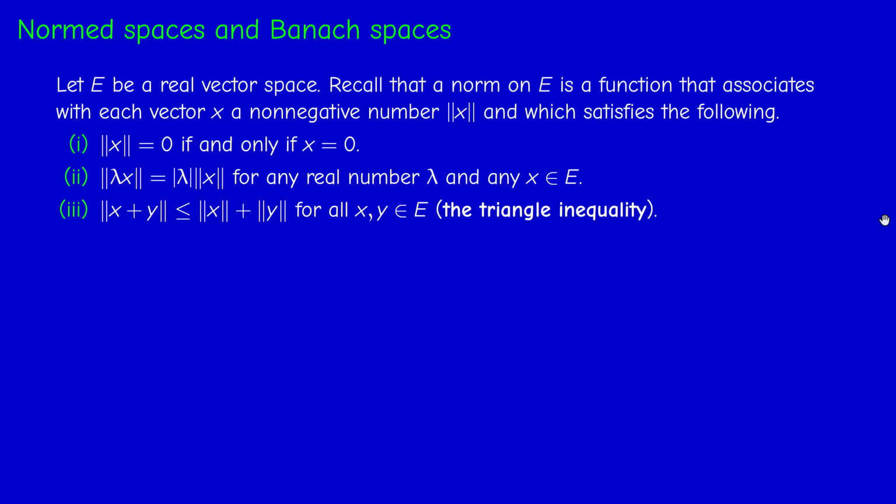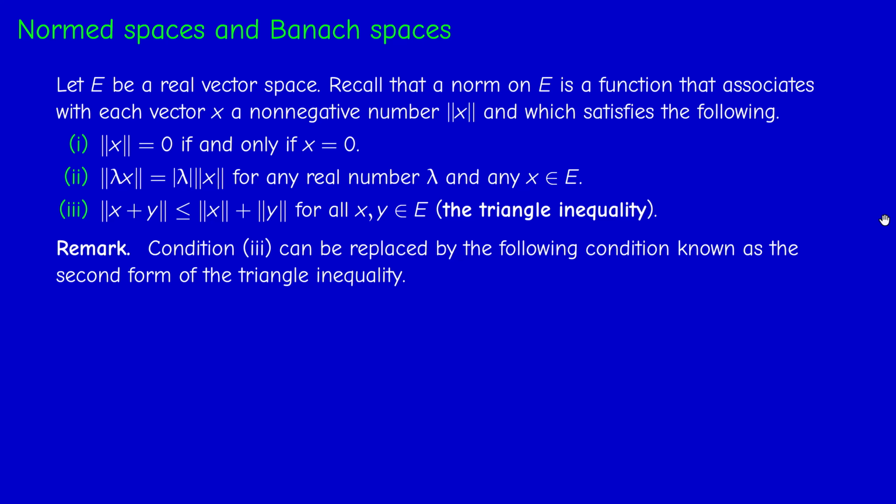And the last property is the triangle inequality. So the norm of the sum is less than the sum of the norms. And there is another form of condition 3 known as the second form of the triangle inequality. It reads, so we can replace condition 3 with this condition, 3 prime.